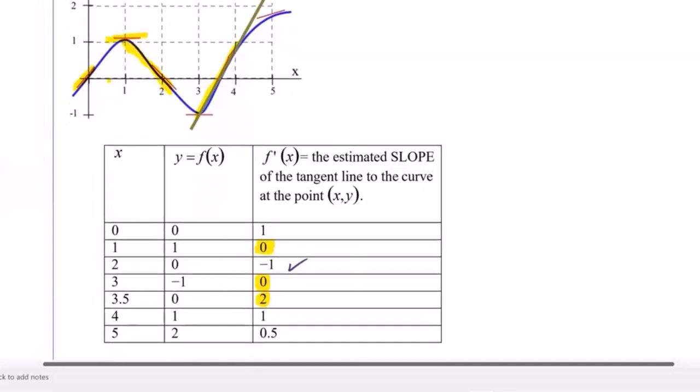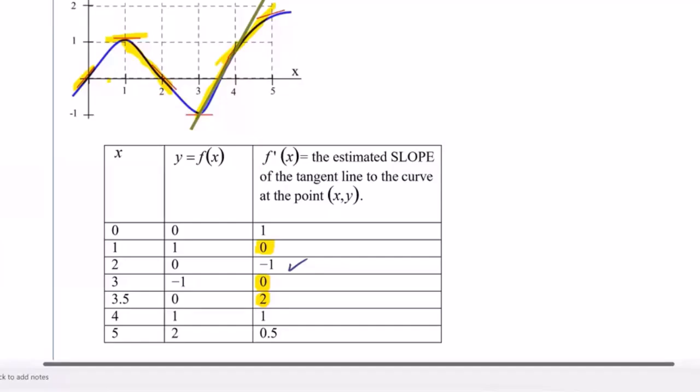And so on. We're also looking at 4. So there's another slope here of a tangent line at 4. And if I extend it, it looks like I'm going up 1 and over 1. So my slope is 1. This is all just an estimate still.